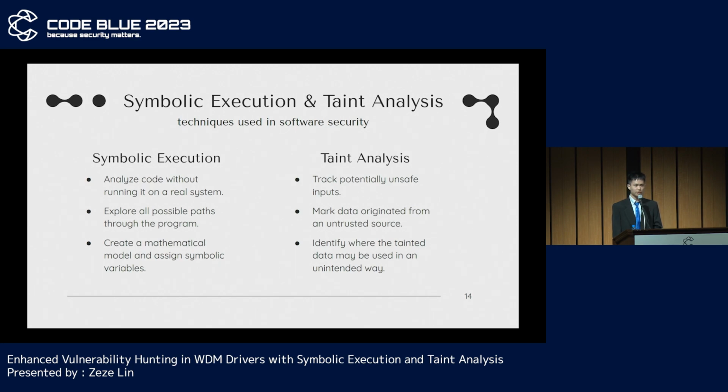Taint analysis is also a commonly used technique in software security. We can use it to track potentially unsafe inputs, marking data originating from an untrusted source, to identify where the tainted data may be used in an unintended way and detect vulnerabilities.